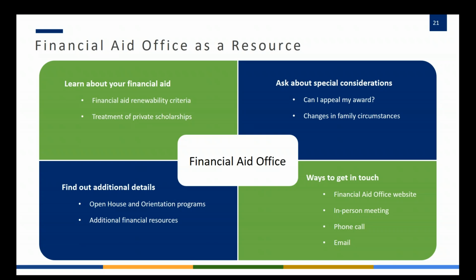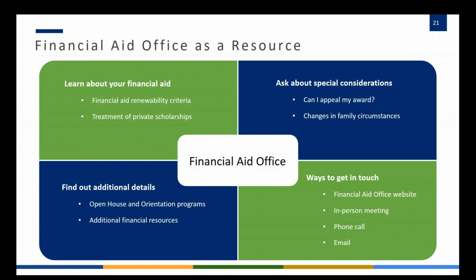So they can talk to the college's financial aid office, set up an appointment if they need to, a phone appointment or in person if they can get to the school. Many colleges offer financial aid sessions at their open house programs, so they can attend those. They want to find out what their renewability criteria is for the financial aid they received at that school.